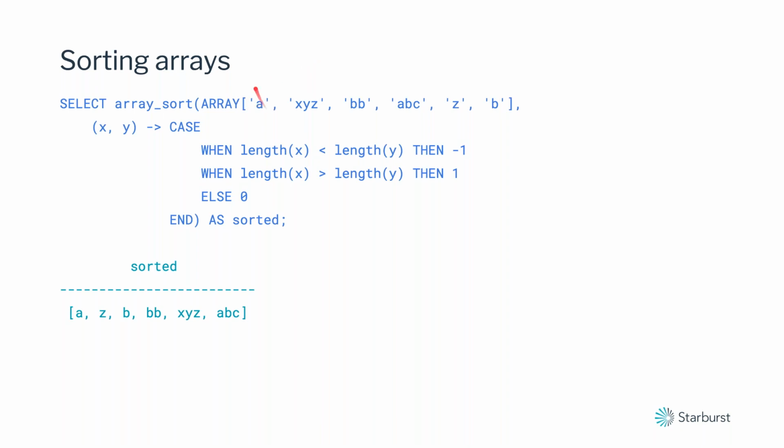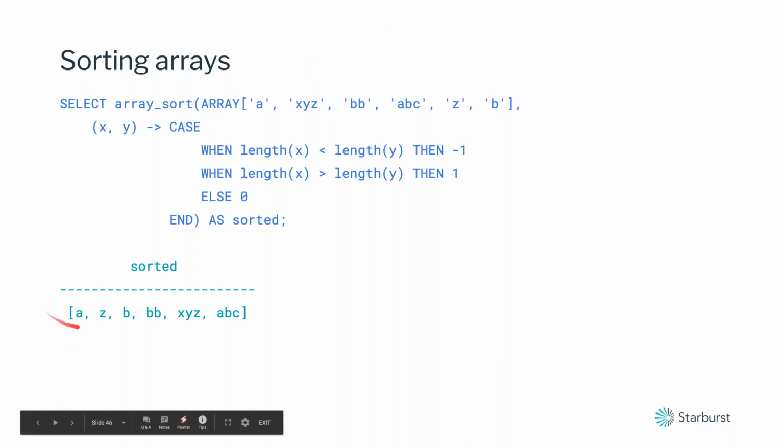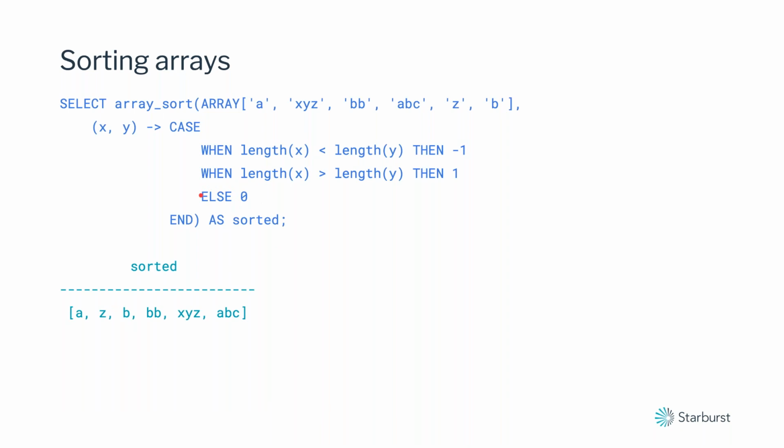In the array we have A, Z, and B in this order, and that's the same order they came out in because we said they're equal if the length is the same. array_sort uses a stable sort so that elements that are equal do not get rearranged in the final output. XYZ would normally come before ABC, but because we said they're equal and it came before in the input array, it came out in the same order in the output array.